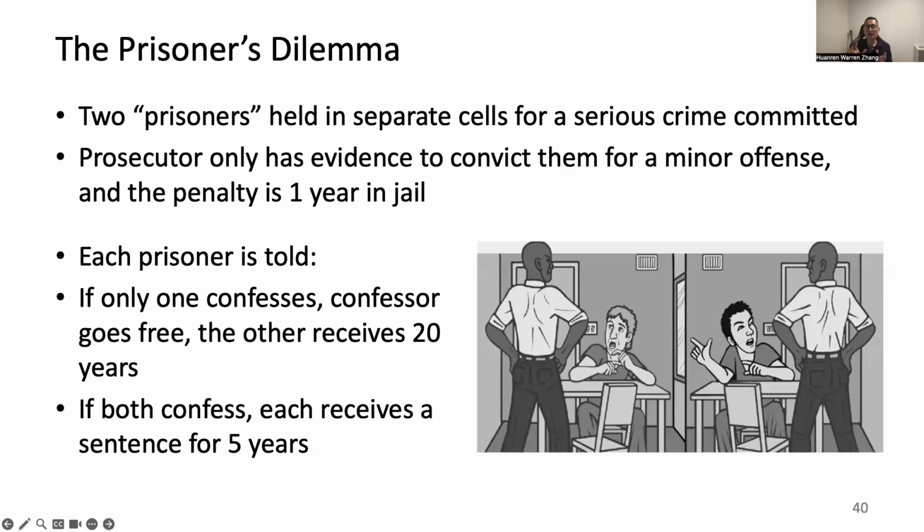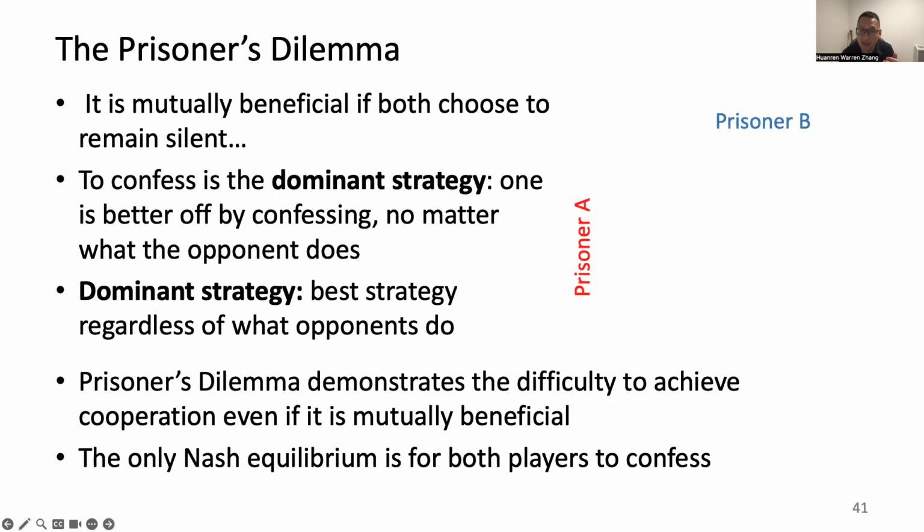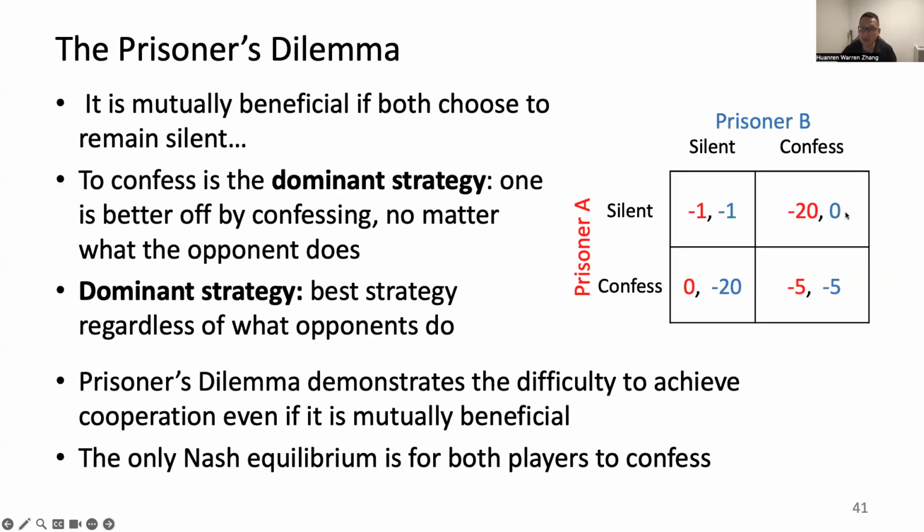Now, if we try to understand this as a game, we could formulate a payoff matrix for these two players, right? So we consider the years served in prison as negative payoff. If both of them keep silent, they would each only need to serve 1 year in prison.